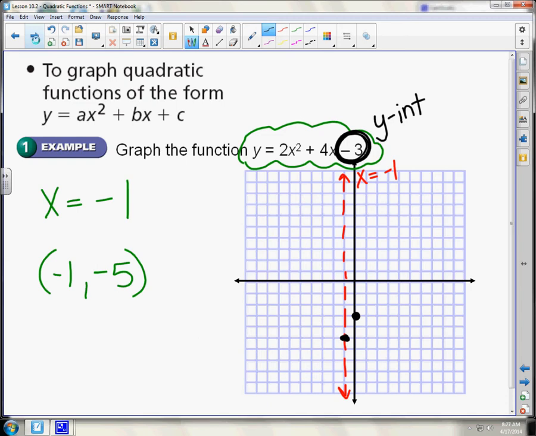Now, you know an axis of symmetry cuts a parabola in half, so I know that there is a mirror image of that point on the other side of the axis of symmetry. So it just is exactly on the other side, and so now I can see what my parabola is going to look like. It's going to go up because this number is positive, so my parabola opens up, and then I have my 3 points. So then you're done.